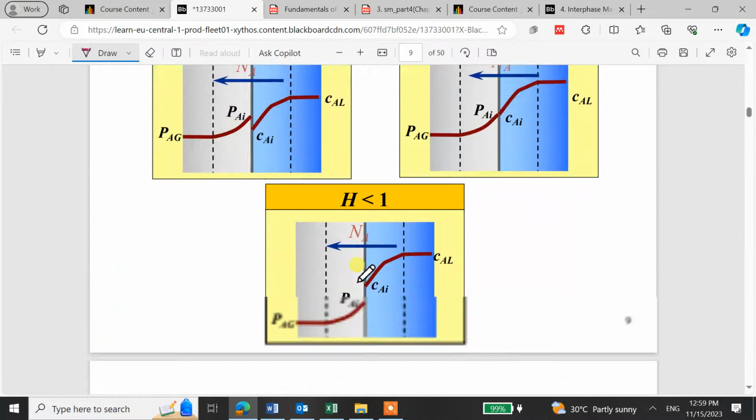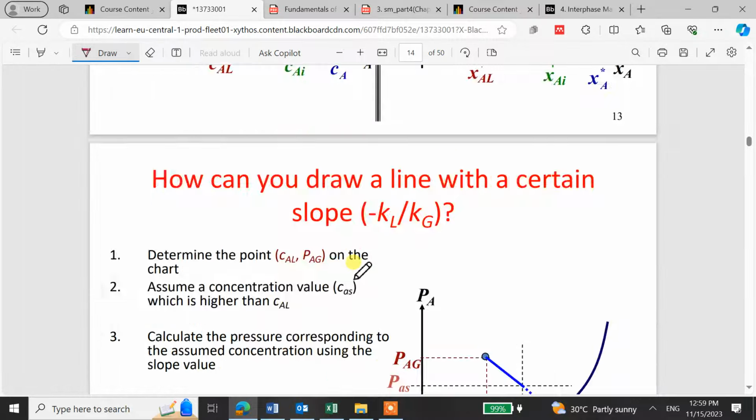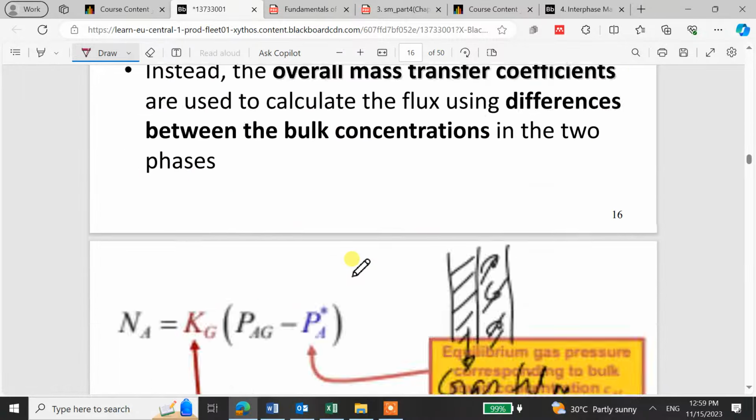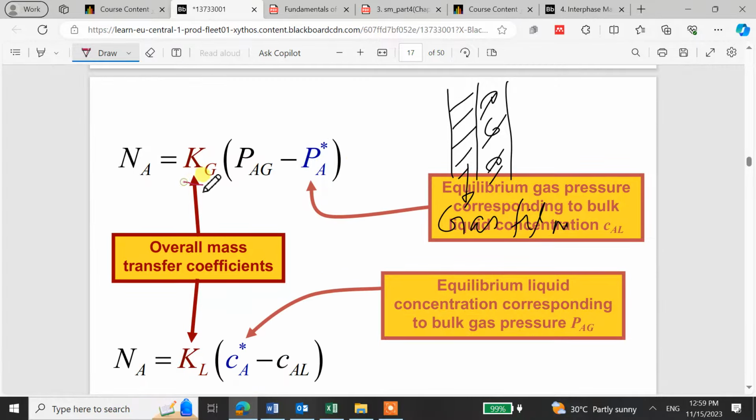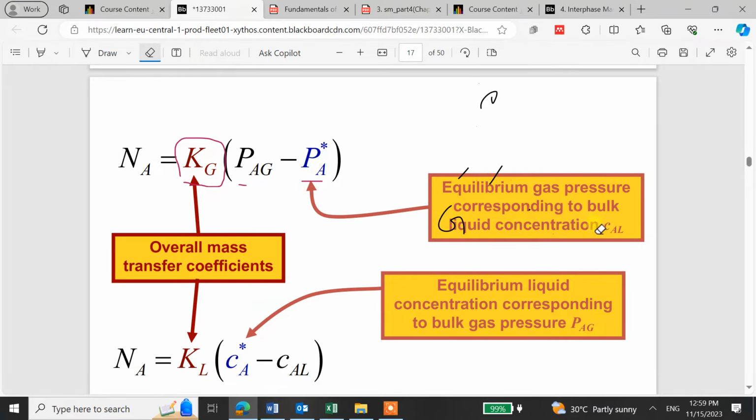Similarly you will have it for liquid as well. So this is the overall mass transfer coefficient times PAG minus PA star, where PA star is the equilibrium gas pressure corresponding to CAL. We will get this from equilibrium, from the data.